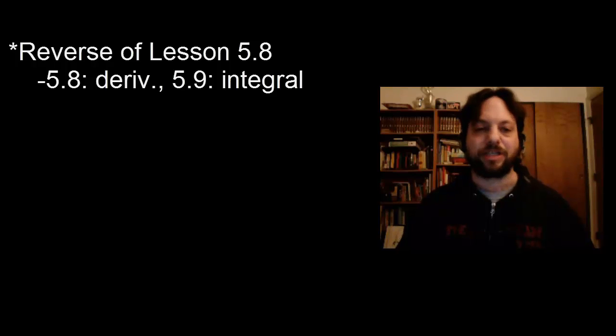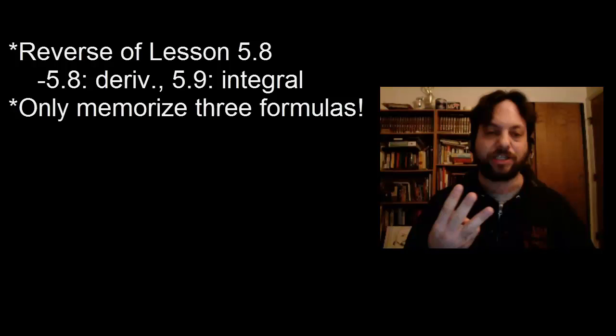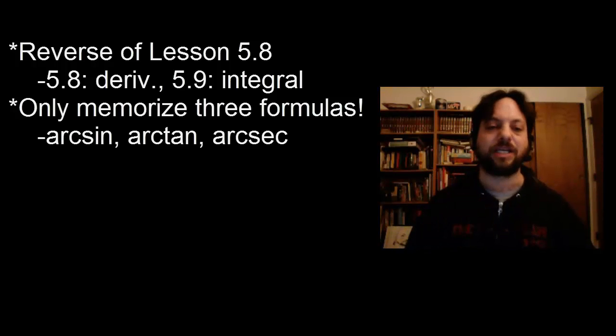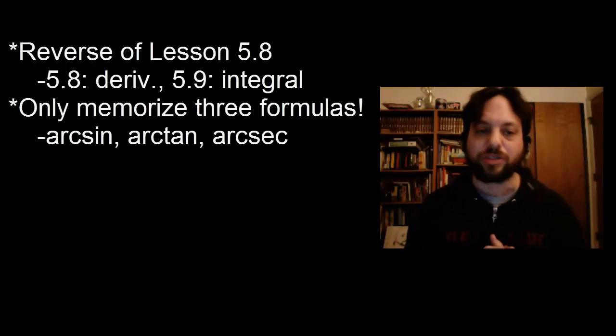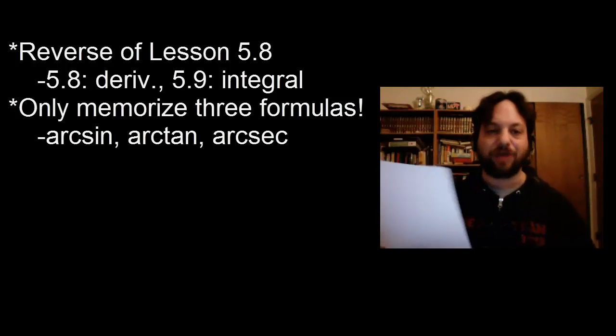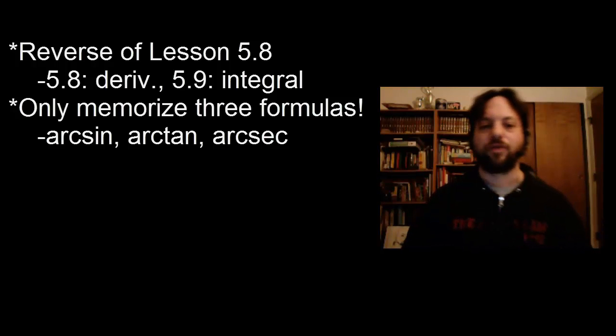The good thing about all this stuff is there's actually only three formulas that you need to know: the arcsine, the arctangent, and the arcsecant. Now, granted, these notes were very, very arctangent heavy. In fact, how many of these examples dealt with arctangent? Quite a few of them. But don't be fooled.